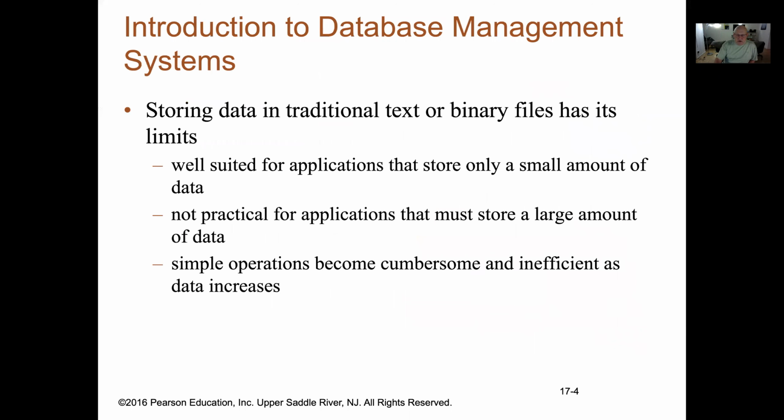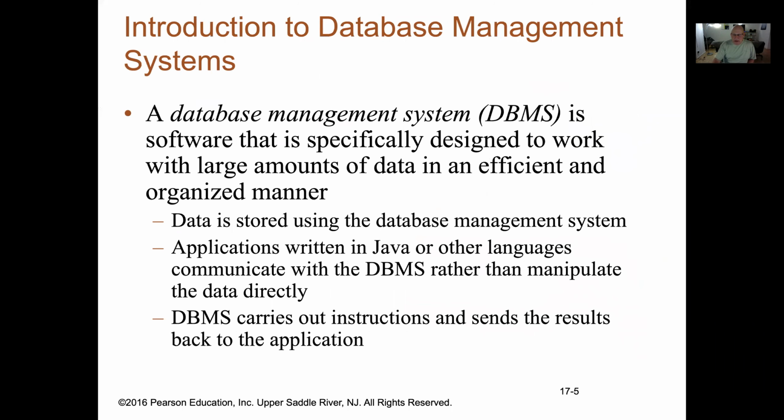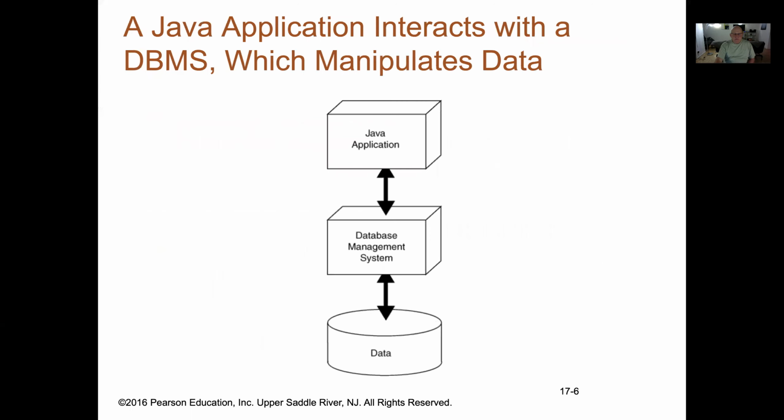So storing data in traditional text or binary files has its limits. A DBMS is software that is specifically designed to work with large amounts of data in an efficient and organized manner. A Java application interacts with a DBMS which manipulates the data. So you have your Java application, you have your database management system, and you have your data.